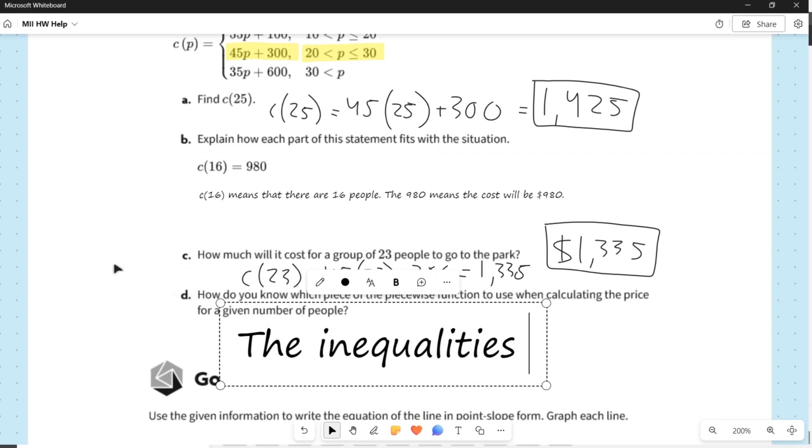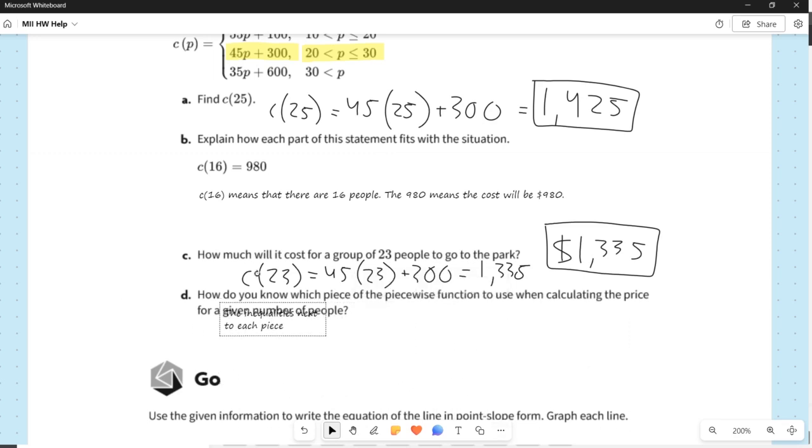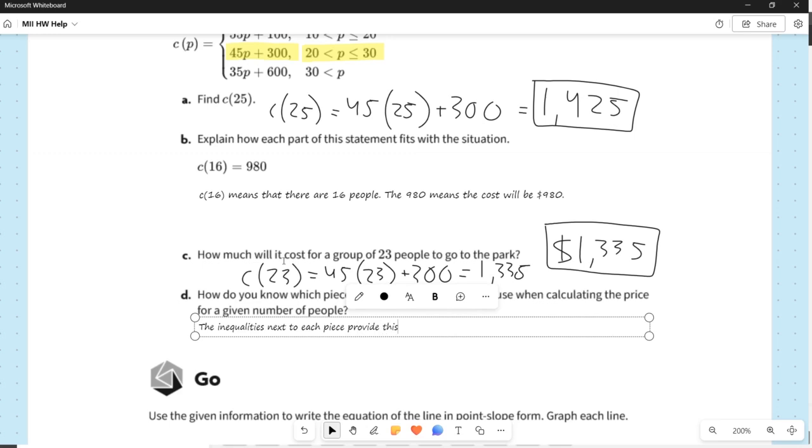So the inequalities next to each piece provide this guidance. That's what we're looking for here.